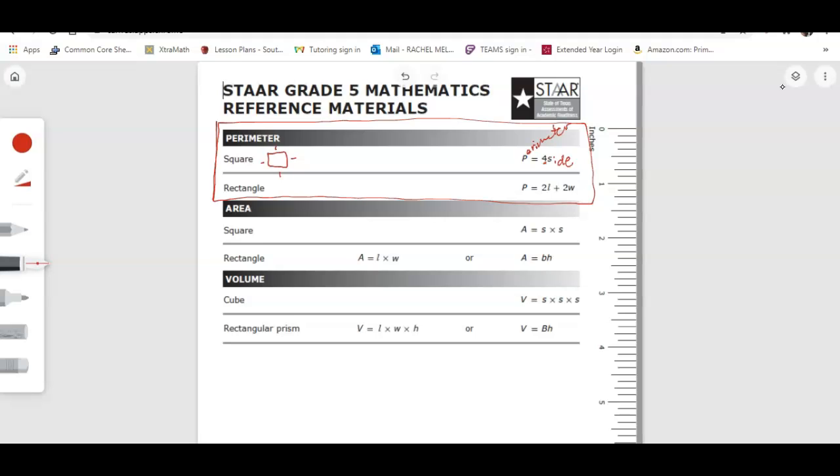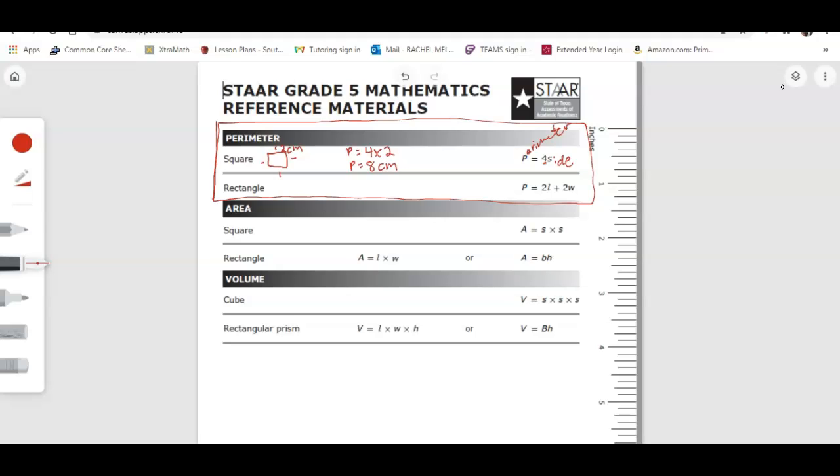So in order to find the perimeter of a square, I do 4 times a side length. Okay, so if each side of this square is 2 centimeters, then I'm going to do 4 times 2. So my perimeter would be 8 centimeters.